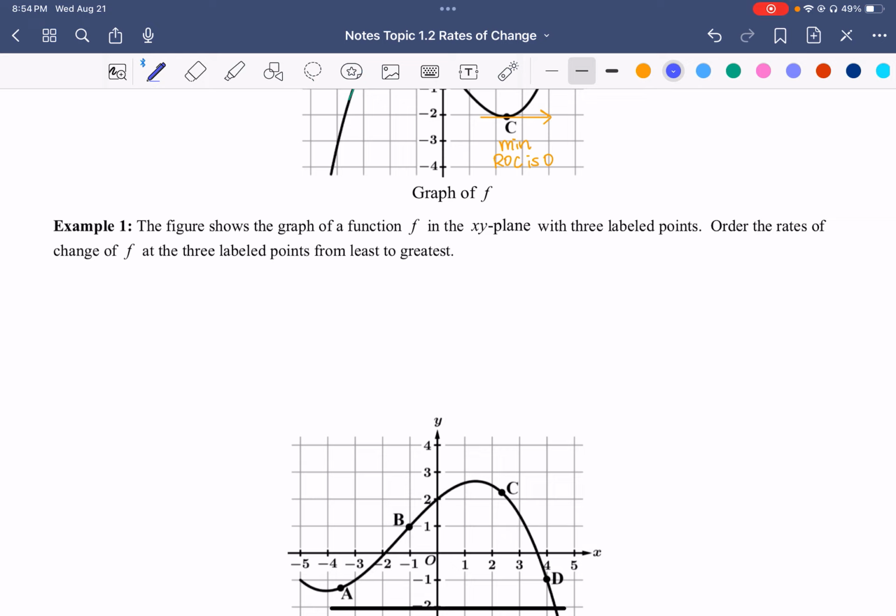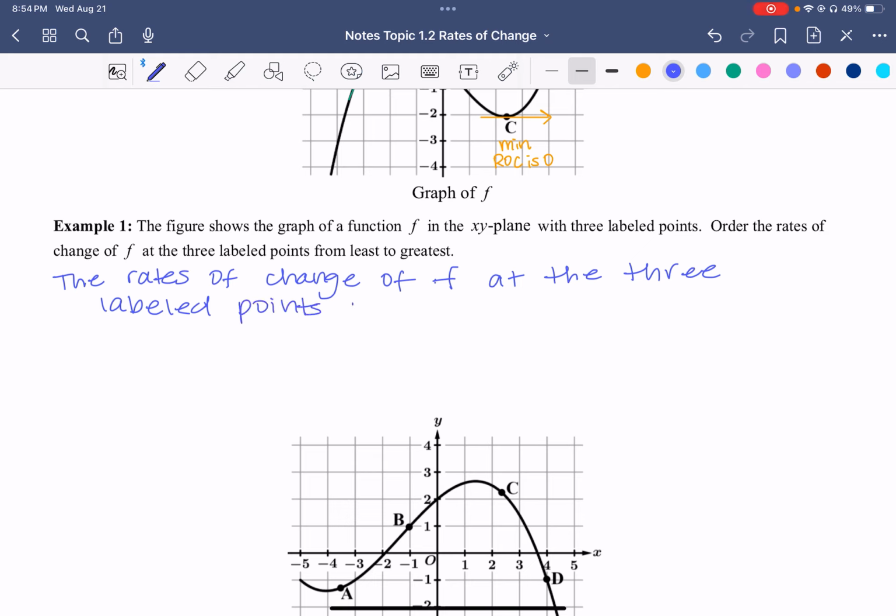So I'm going to start my answer with saying the rates of change of f at the 3 labeled points ordered from least to greatest are. Okay, so I haven't actually done anything yet.